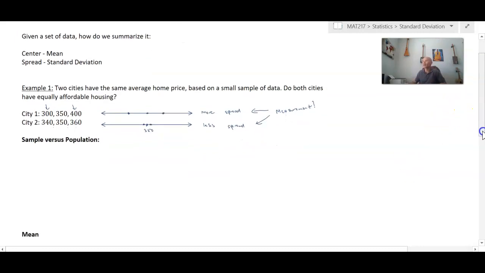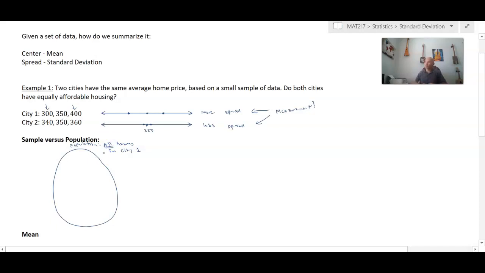But before we get into that, we have to distinguish in statistics between what we call a sample and what we call a population. So in the context of the house prices, we think of the population as this bigger circle, and this could be thought of as all homes in, say, City 1.